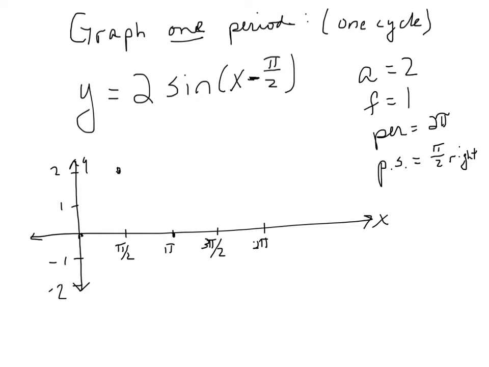And then back to 0, then negative 2, and back to 0. So if I sketch this in, it's going to look like this. And that is one period of the graph y equals 2 sine of x.